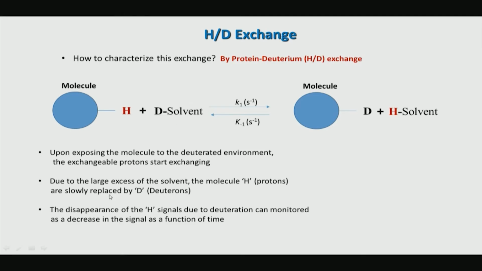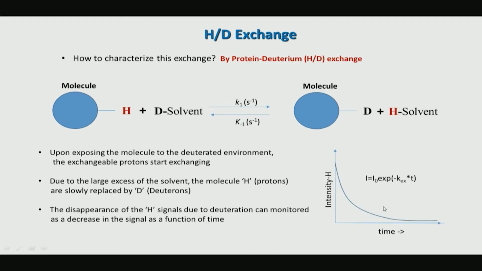So, the molecule's protons are slowly replaced with deuterium, and therefore the proton signal starts disappearing, reducing in intensity due to the deuteration. The intensities decrease as a function of time. That can be monitored, and if it is slow, we can measure up to a long time, but if it is fast, it has to be done rapidly.